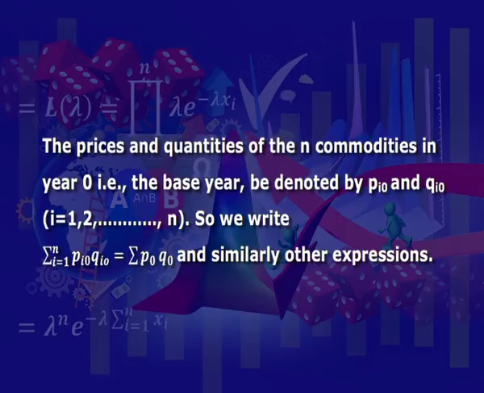The prices and quantities of the n commodities in year 0, that is the base year, are denoted by Pi0 and Qi0 for i equal to 1, 2 up to n. So, we write summation i running from 1 to n of Pi0 into Qi0 as only summation P0Q0, and similarly for other expressions. There are some index numbers constructed by using different systems of weighting.